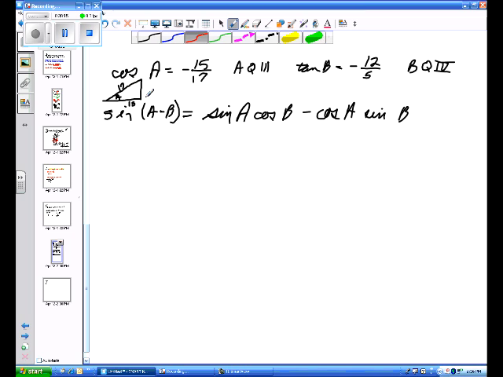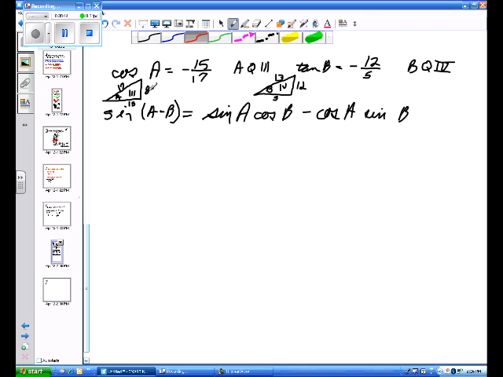And if you remember, we have an 8, 15, 17 Pythagorean triple, and we're in quadrant 3. B, drawing our triangle for it, the tangent's 12/5. Well, this is a 5, 12, 13, and we're in quadrant 4.